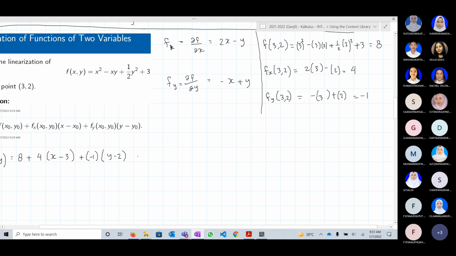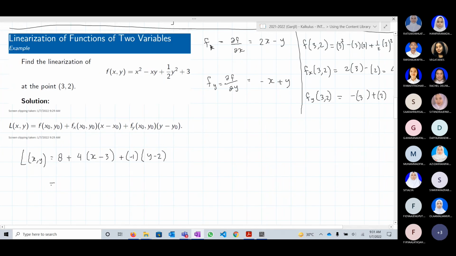Or we can simplify this expression as 4x minus y minus 2. Any question?